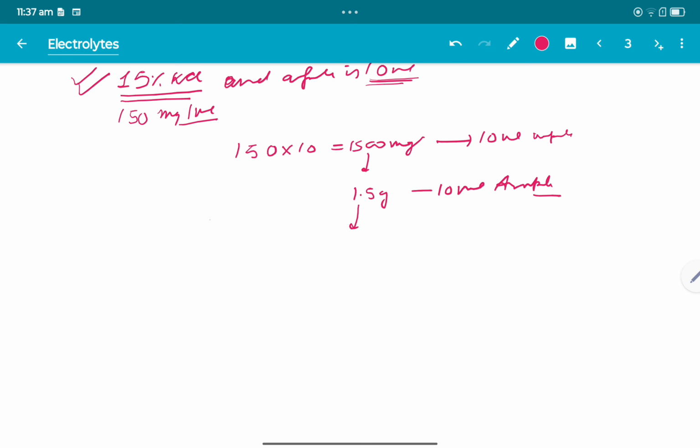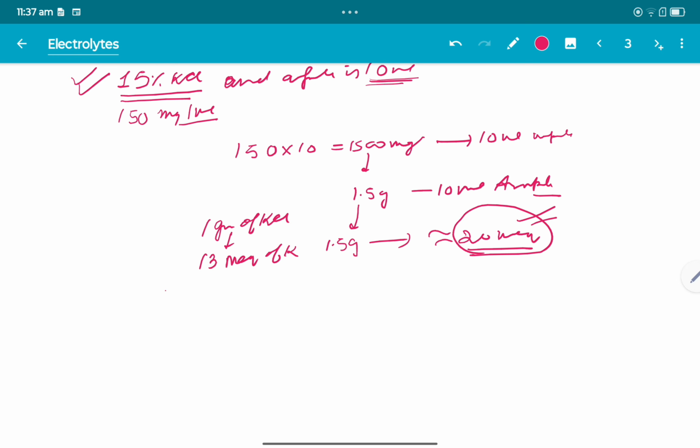Okay, if 1 gram of KCl has 13 milliequivalent of potassium, then 1.5 gram will have approximately 20 milliequivalent. So 1 ampule of 15% potassium chloride will have 20 milliequivalent. If you give 1 ampule, the patient will get 20 milliequivalent of potassium.